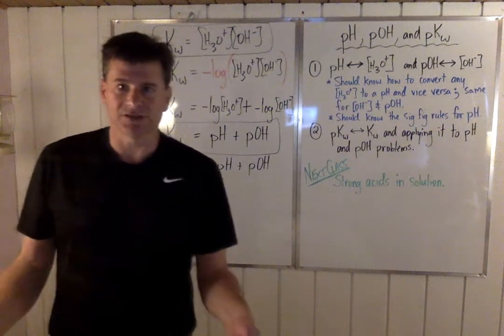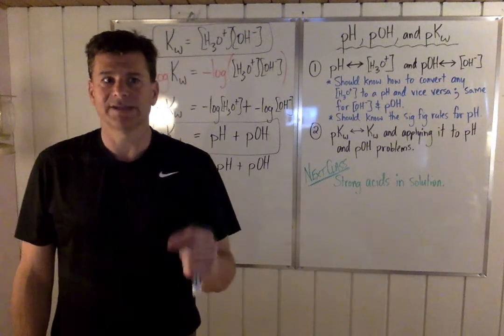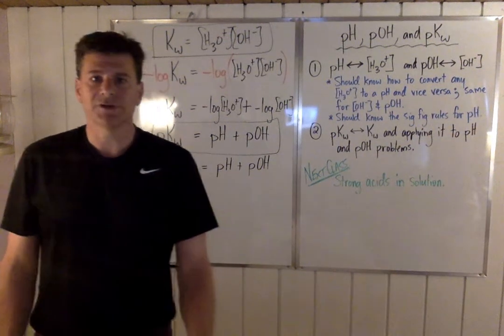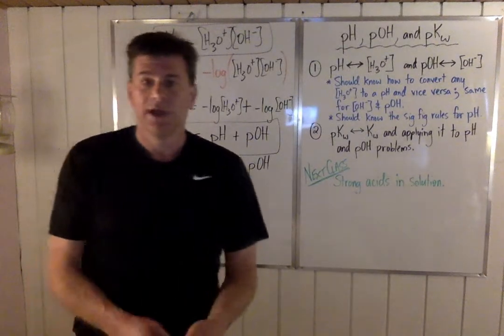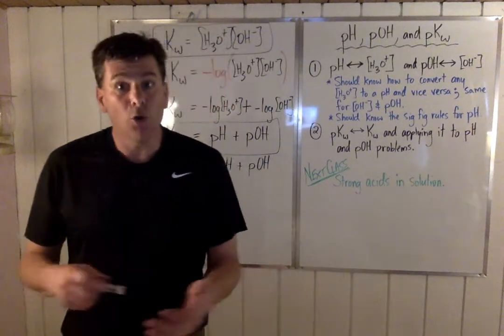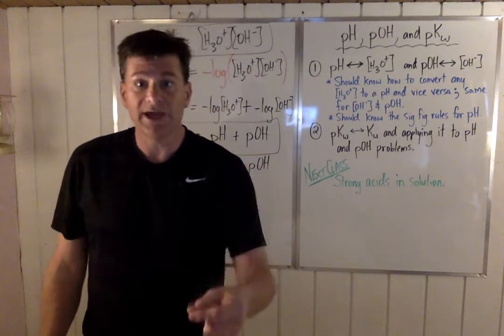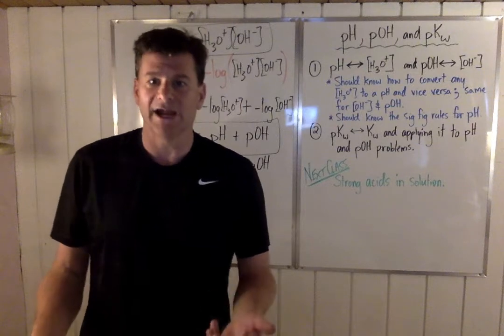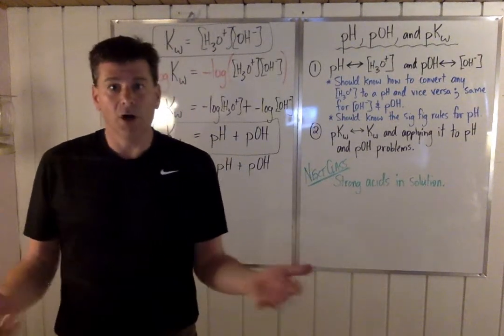So if the pH is 5.1, well, 14 minus 5.1 is 8.9. The pOH is 8.9. If I have a solution that has a pOH of 13.0, the pH is 1.0 because they have to add up to 14. And so you can apply that all you want.